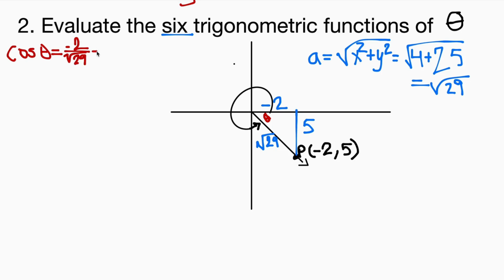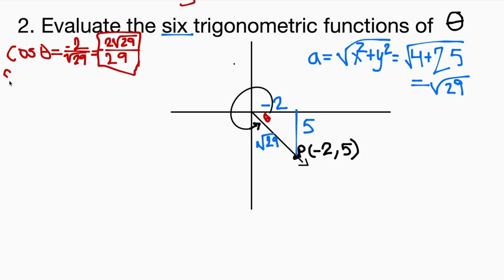We have to rationalize the denominator, multiplying by square root 29, so negative 2 square root 29 over 29 is our cosine value.